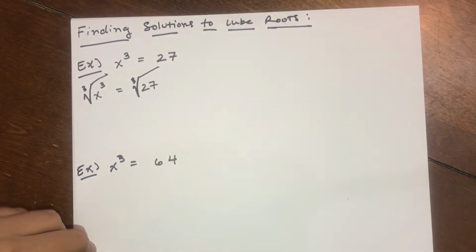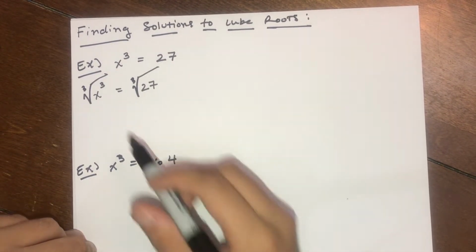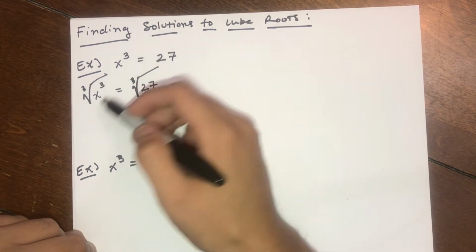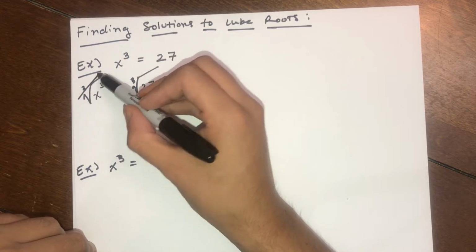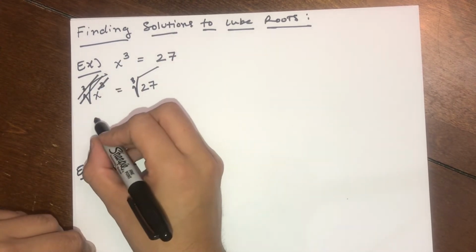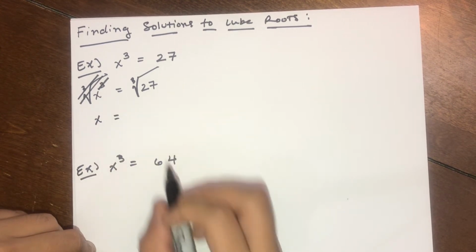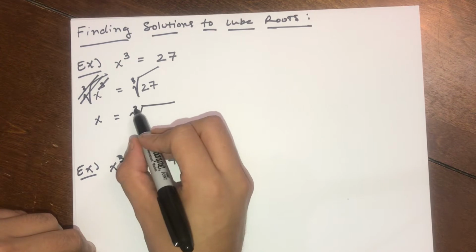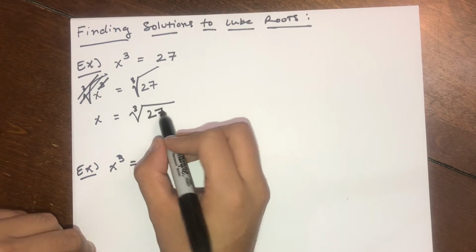Okay, so we know it's a cube root. All right, so same thing as the x squared. When we take the cube root of each side, the cube root and the cube go away. Okay, so we'll get x equals, and then this will turn into the cube root of 27.